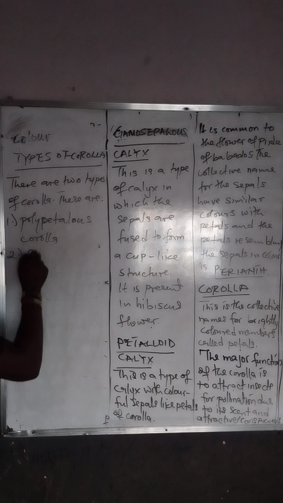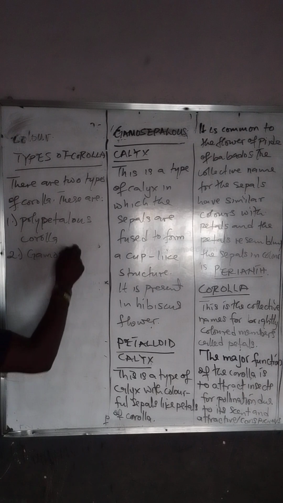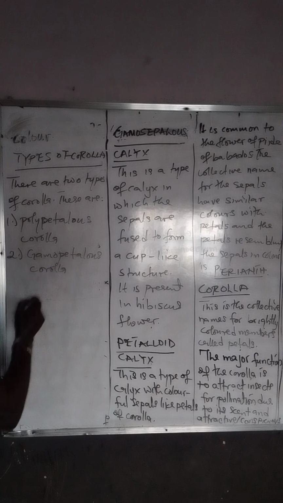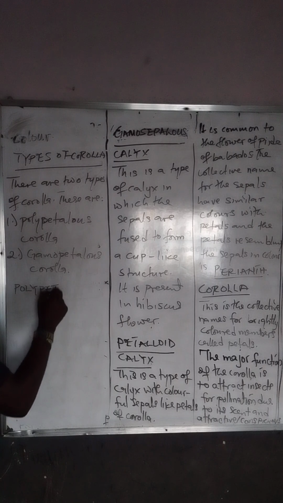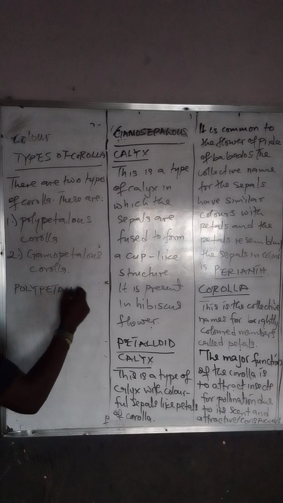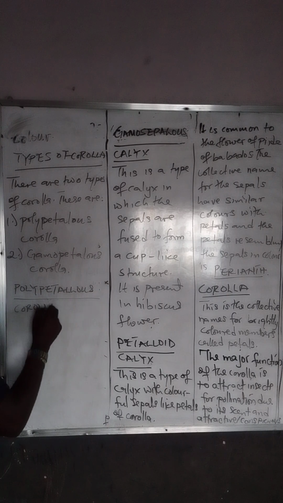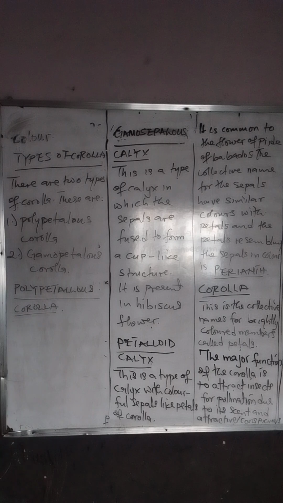Two, we have gamopetalous corolla. So now let's look at the first one, polypetalous corolla. What is polypetalous corolla?